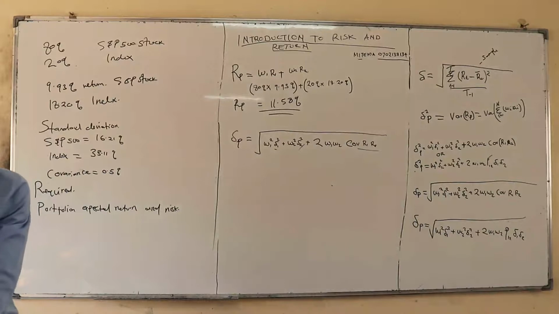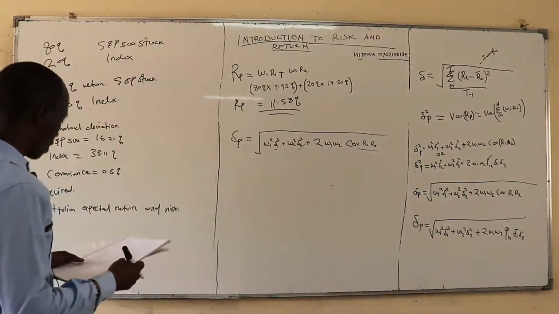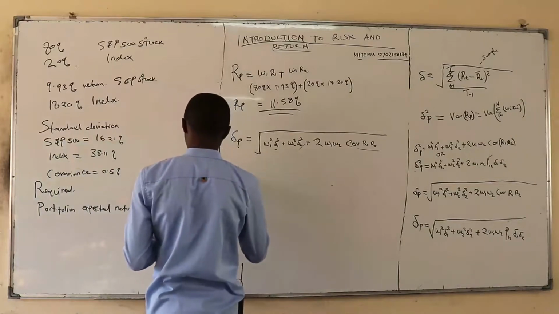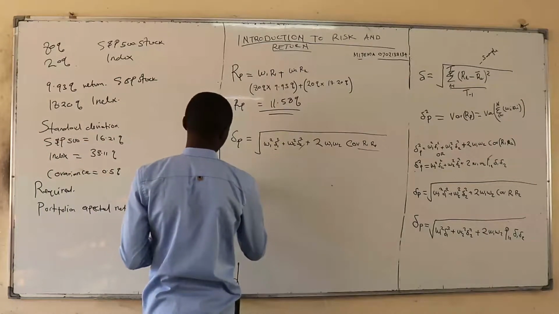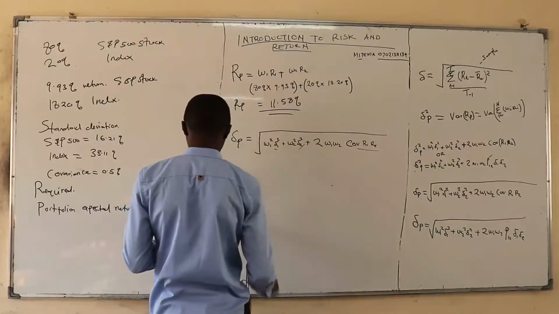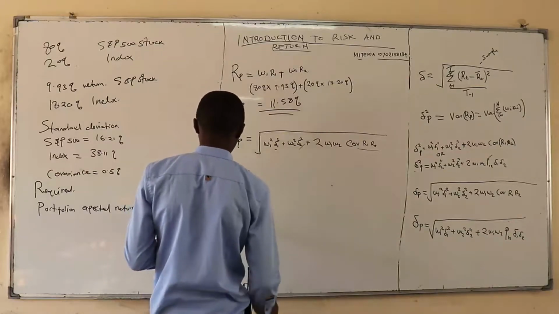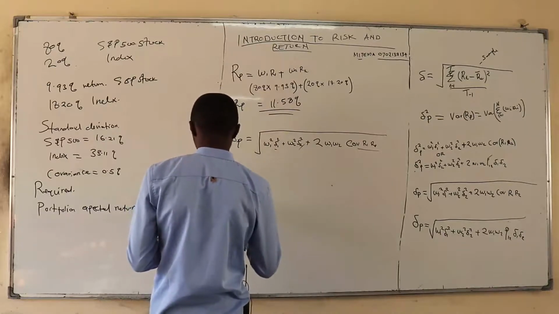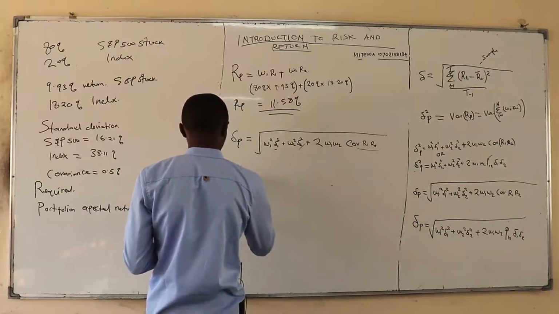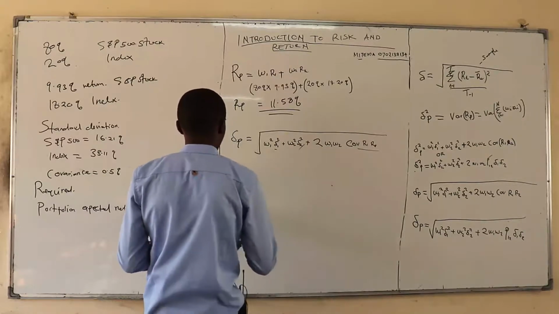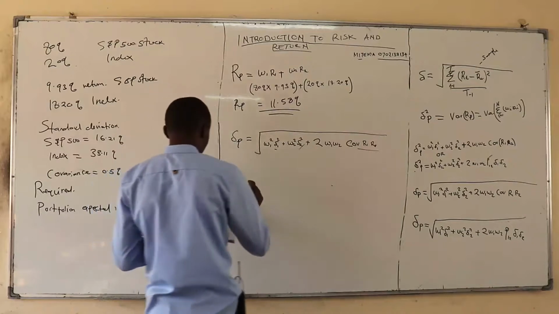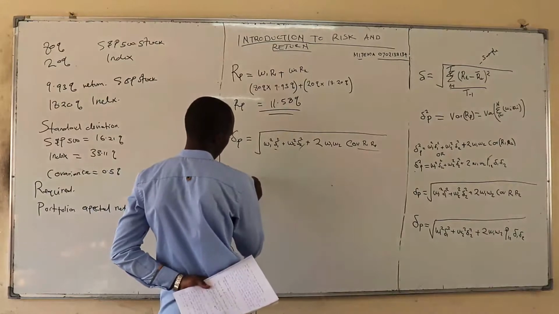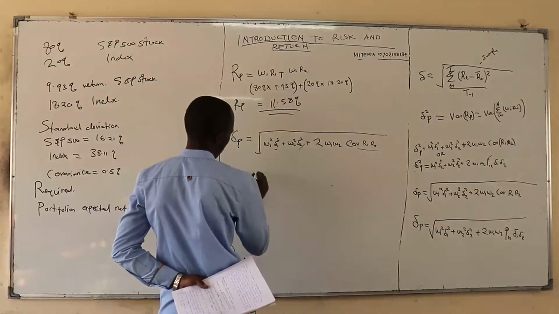So we substitute the data we have in the formula, and we say that the risk, the standard deviation of the portfolio, will be equivalent to the square root of the first weight, which is 80%, that is 0.8 squared.